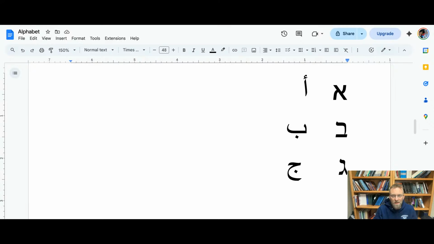And it corresponds to the Hebrew letter Gimel, which is like the G in, I don't know, the name Greg, okay? Now, what's interesting about these languages is that in Egyptian Arabic, the jim is often pronounced as a g, just like it is in Hebrew.